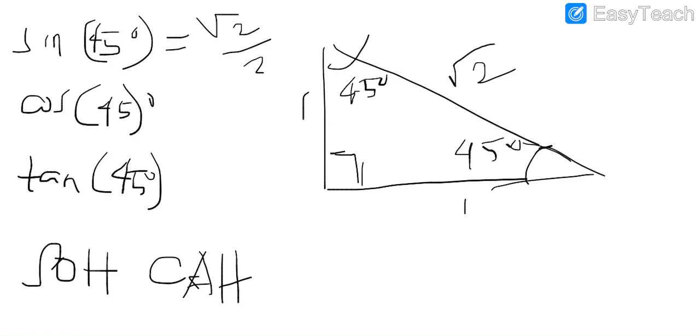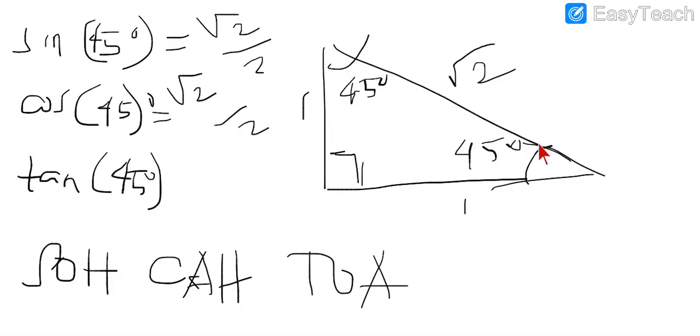So it has the same value as the sine of 45 degrees, so still square root of 2 over 2. Next, the tangent of 45 degrees, TOA. So tangent of 45 degrees is equal to the opposite side divided by the adjacent side. That's 1 over 1, or simply 1.